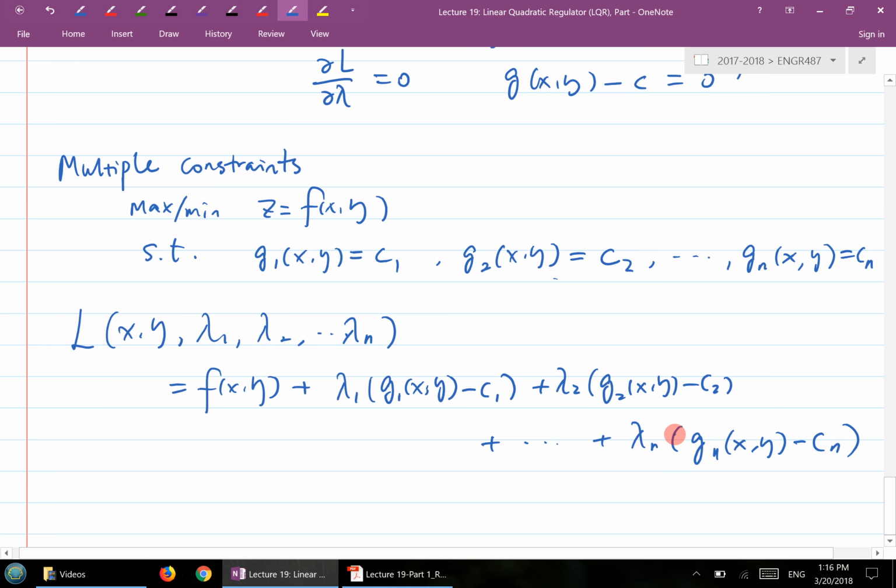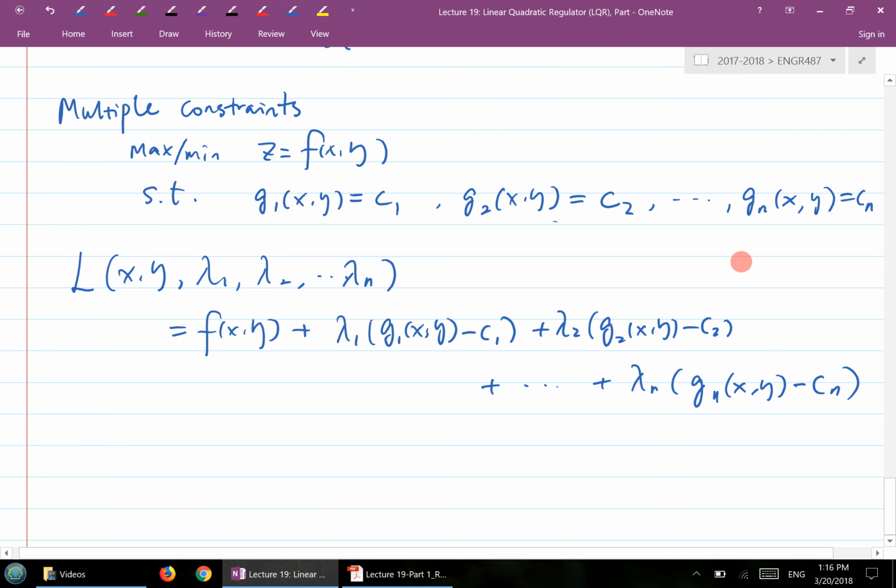For this type of question, we can write this into a vector format.